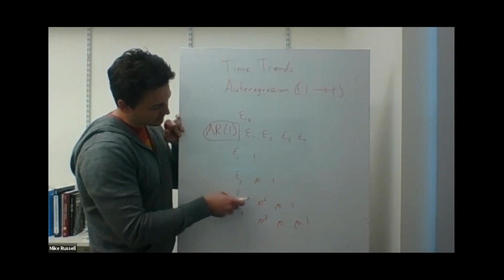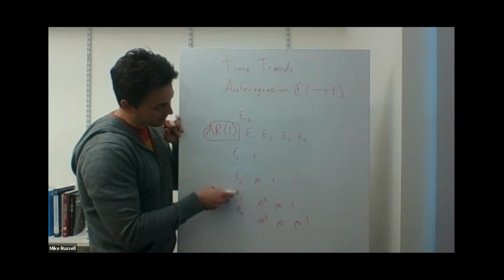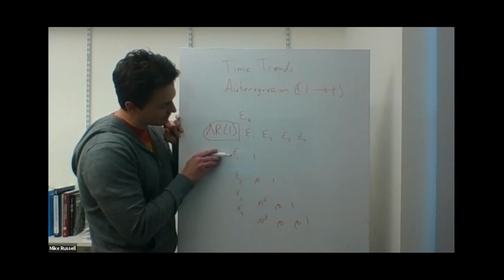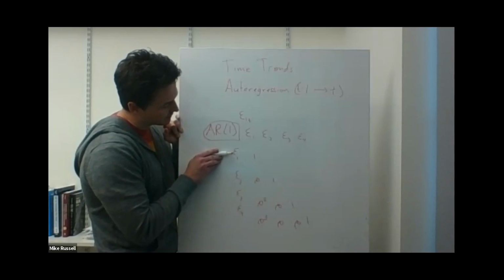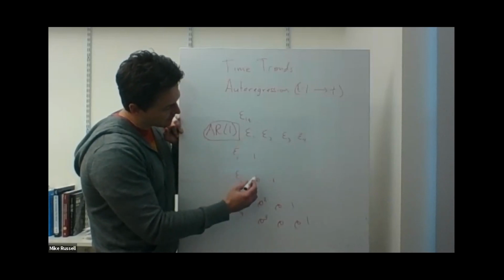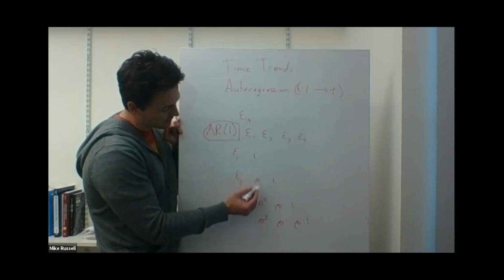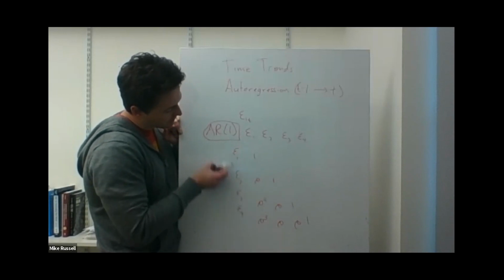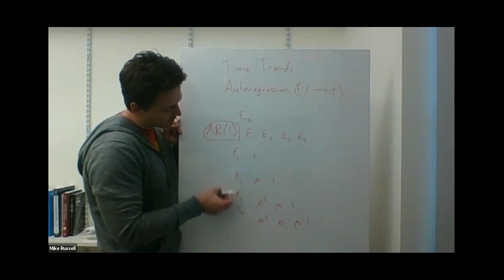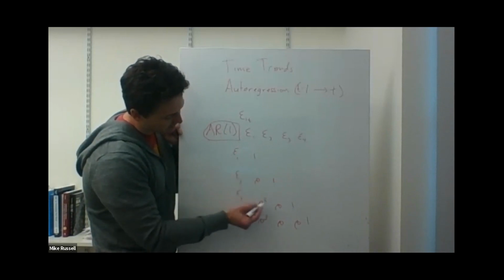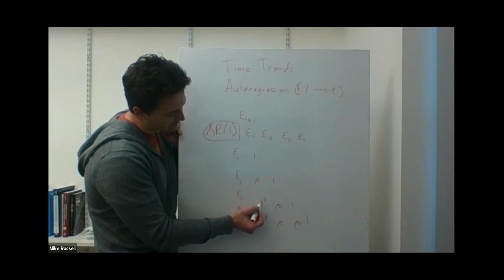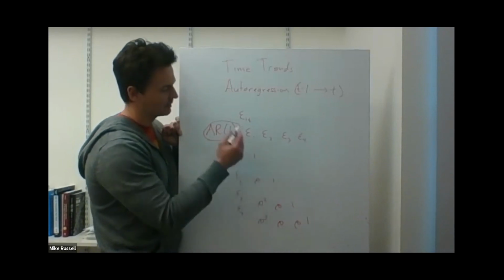If we look at the relationship between residual 1 and residual 2, we find that there's a correlation there. Now if we look at residual 3 and residual 1, that's 2 time units of difference, so we raise the correlation to the power of 2, which will cause it to shrink.